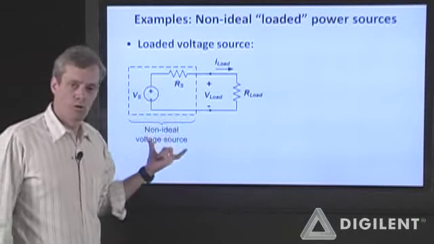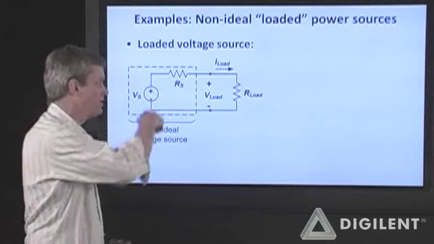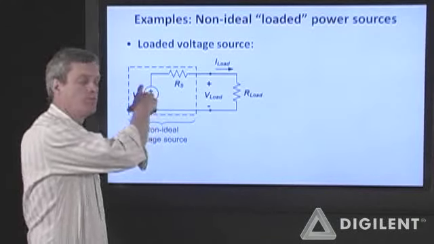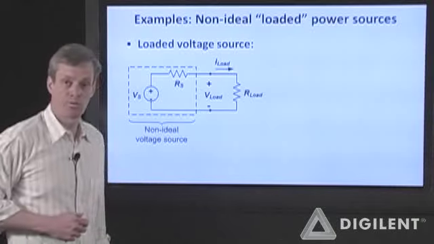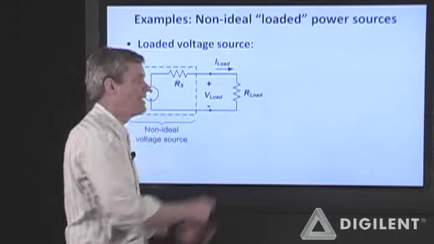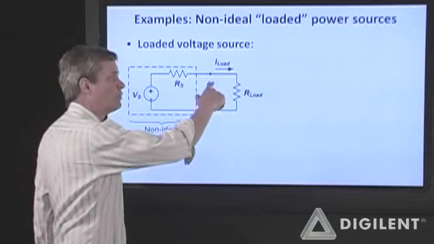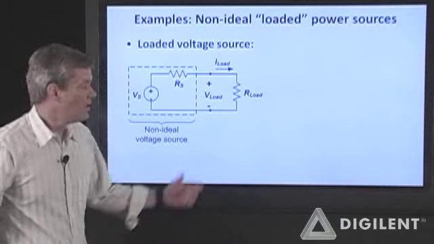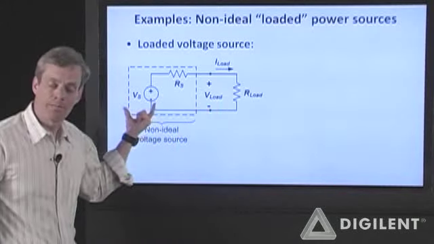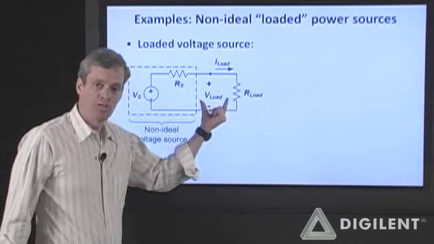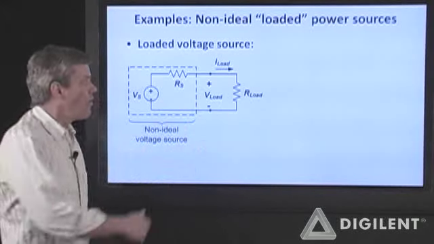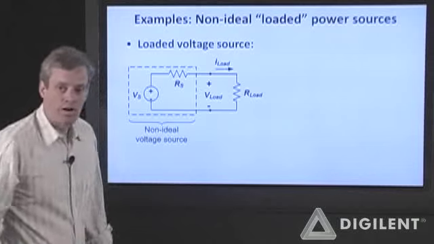This is our old loaded voltage source. Remember, our non-ideal voltage source consists of an ideal voltage source in series with a source resistance. We then added a load resistor to that, and we were looking for the load voltage. Once we found the load voltage, we could get the power delivery by the voltage squared over R. Well, all of these elements are in series.